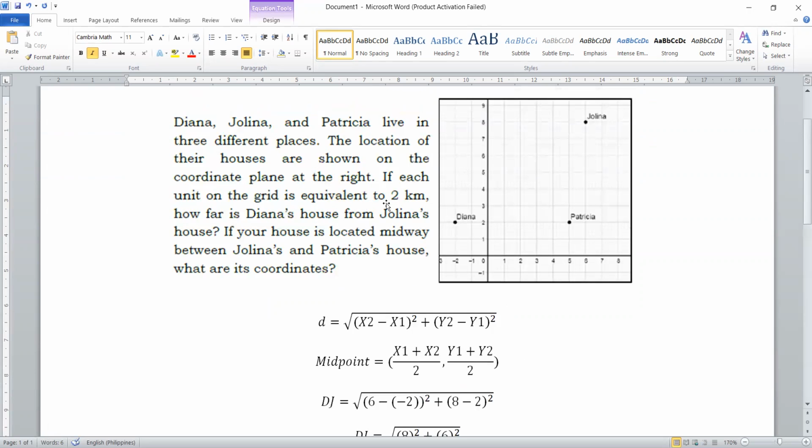But it says each unit on the grid is equivalent to 2 kilometers. So the distance of this one is 10, but each unit is 2. So that's 10 times 2.